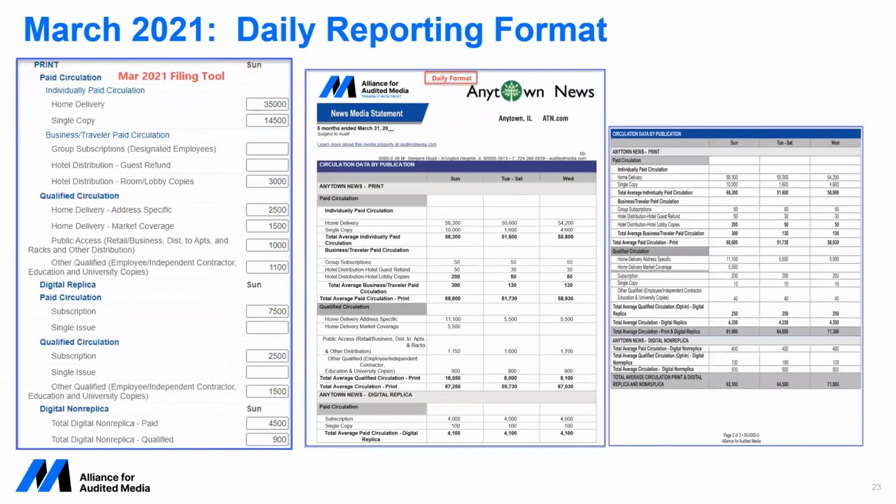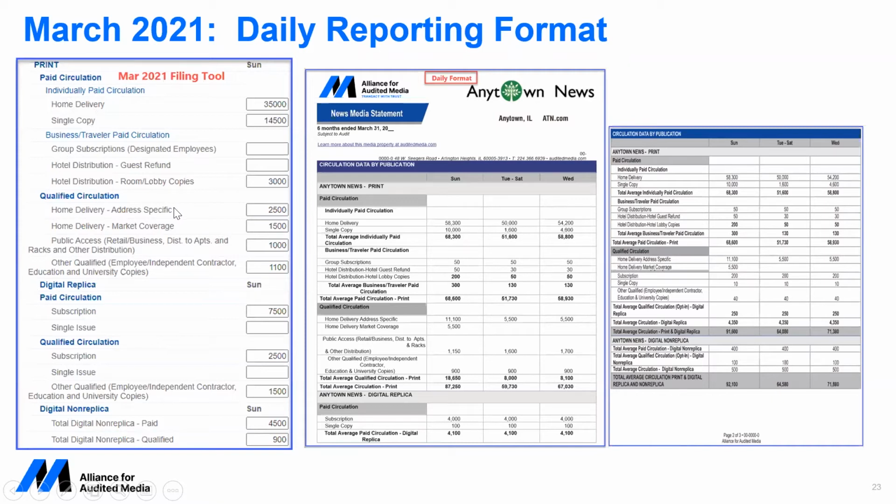The next 2 slides are about the format. What's your format going to look like once you enter your information in the filing tool? What's the final end product? So this is a daily format, and I'll show you in the live demo. When you go in to enter your circulation claims, you'll see the consolidated categories. We have home delivery, single copy.